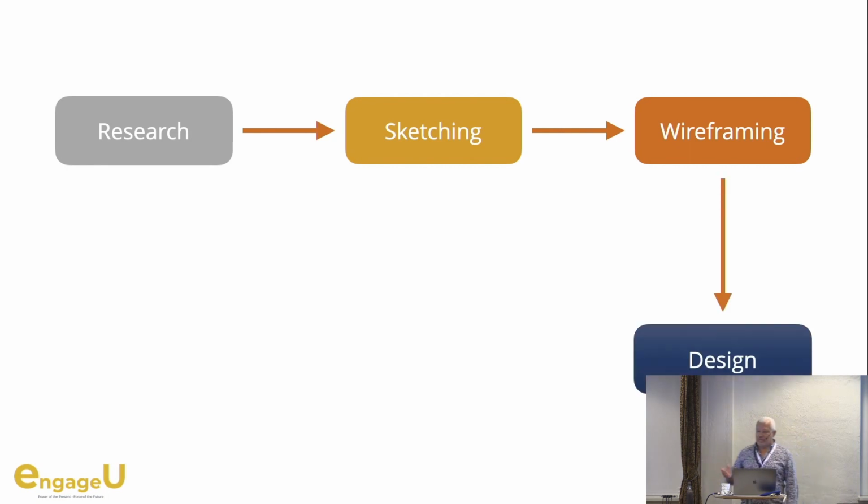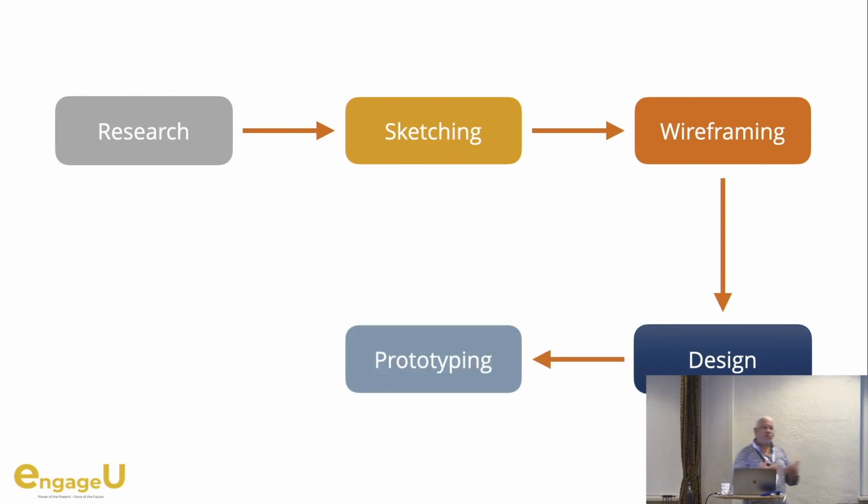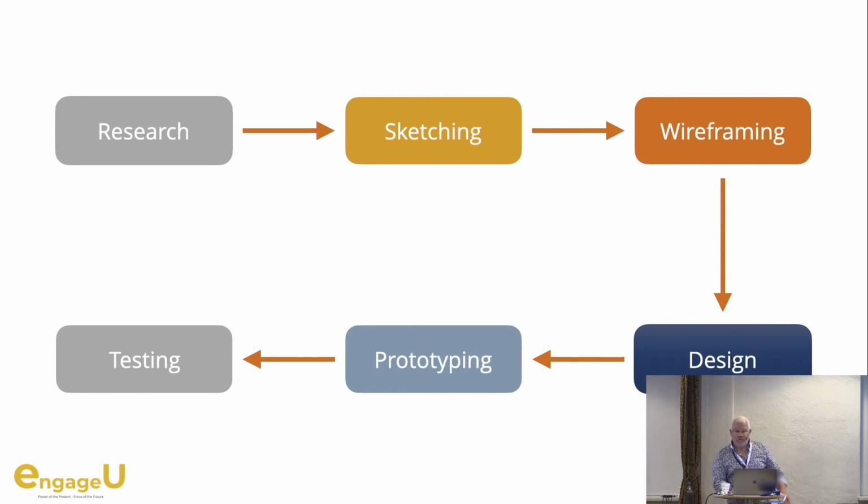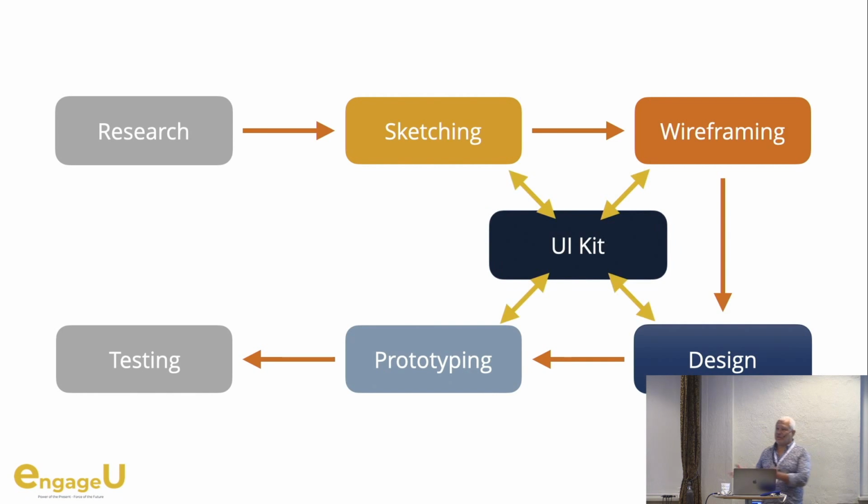We work on the design, the UI design. We do some prototyping, testing some solutions, some navigation, and so on. And we test and deliver to the customer. In this workflow, I can use UI kits in most of the steps.